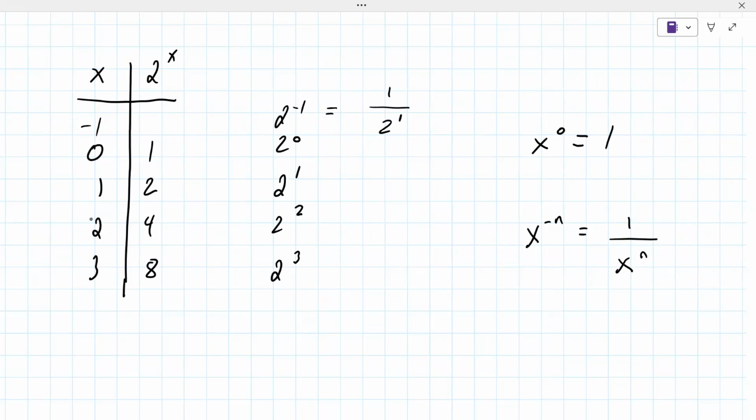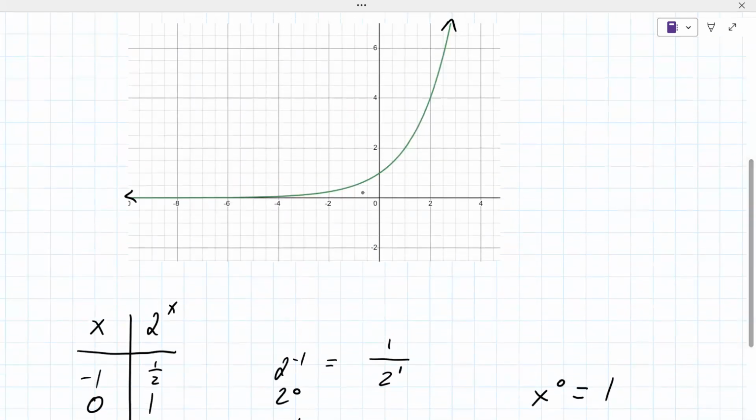Okay. So that becomes 1/2. So if we were to go back to that graph that I showed you, you can see there 0, 1, -1, 1/2, 1, 2, 2, 4, and so on.